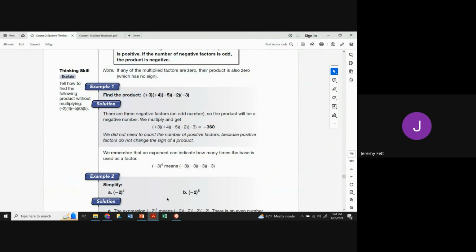So just be aware of that. If we get like negative 5 squared, it should be positive 25. But if we do it like this and get negative 25, that's because we need to do negative 5 to the power of 2 is positive 25. So just be aware of that if you're getting something in the calculator that isn't making sense, and just make sure you're putting it in correctly.